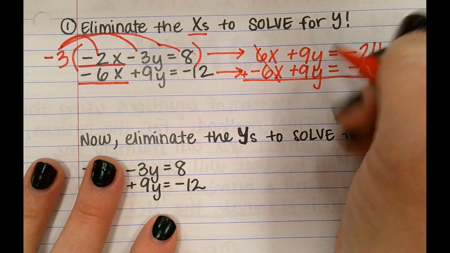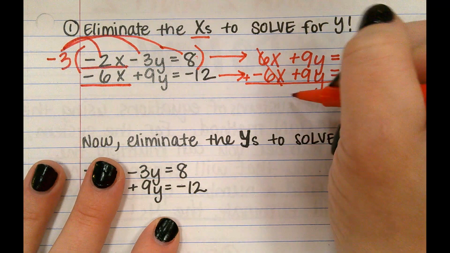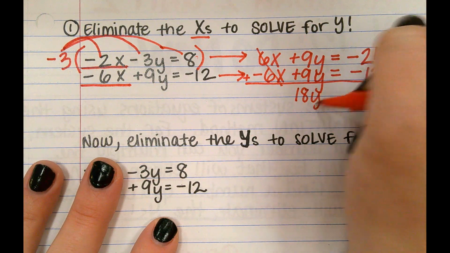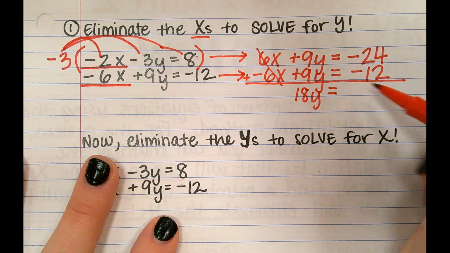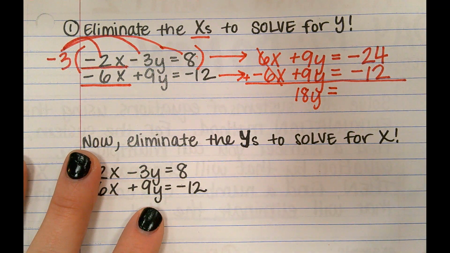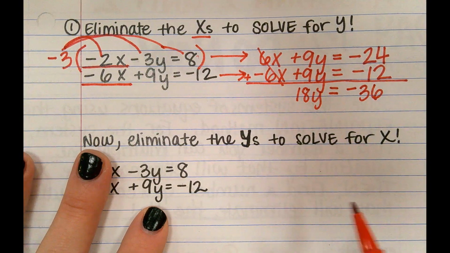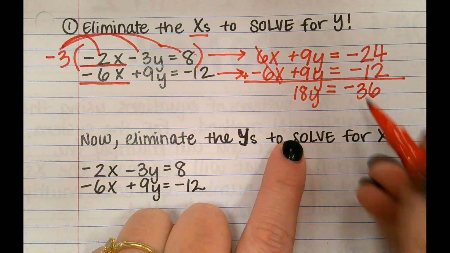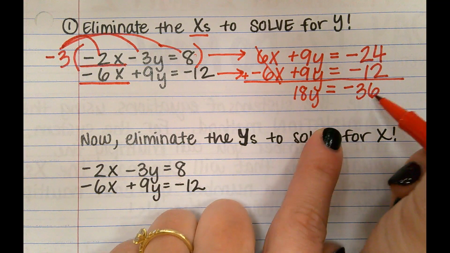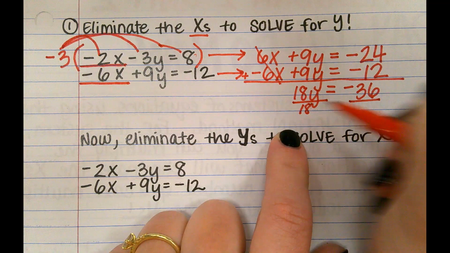9y plus 9y, 18y. Bring down my equals. Negative 24 plus negative 12. Negative 36. Good. Okay. Now what should I do? y equals negative 36 divided by 18. Good. We'll divide by 18.